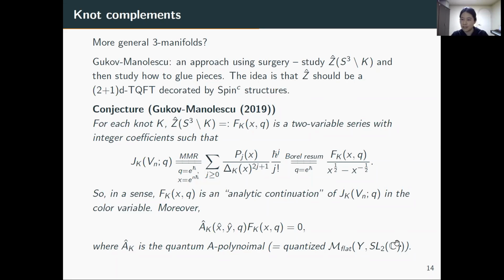Okay, there's a lot of information in this slide, but let me try to break it down and explain things.